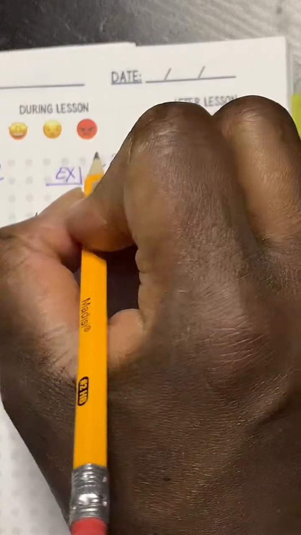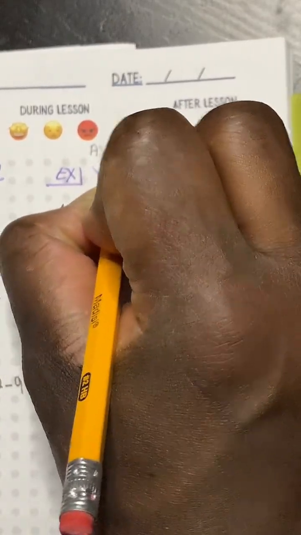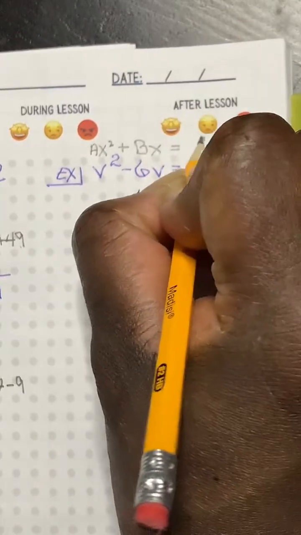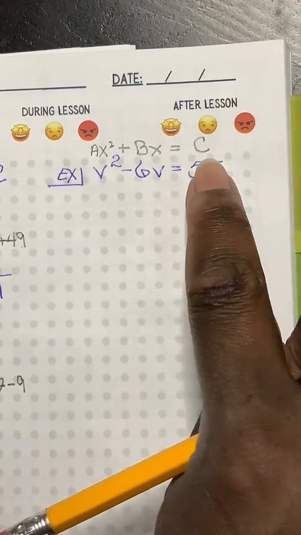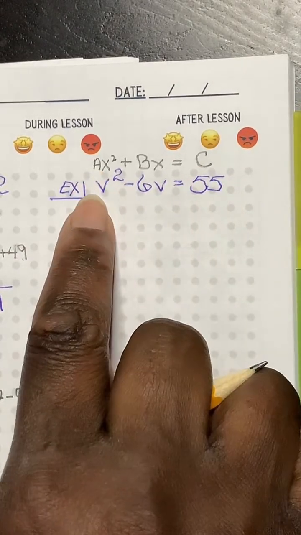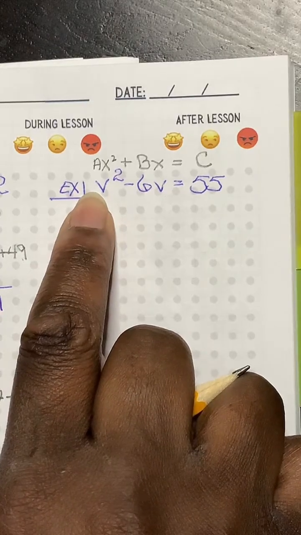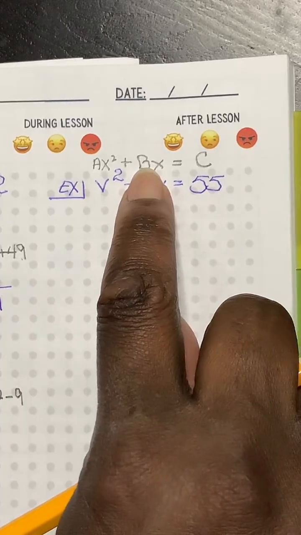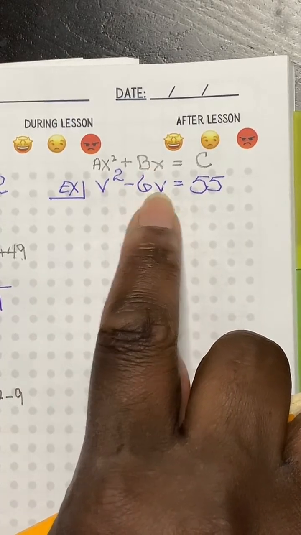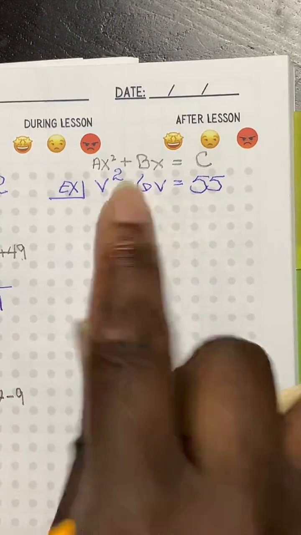So I can say my ax squared plus my bx, it's going to equal my c. So this is the standard form for completing the square. So my a value is in front of that v squared. If you don't see anything, it's a 1. The b value is always what's in front of the linear variable, which is going to be a -6.